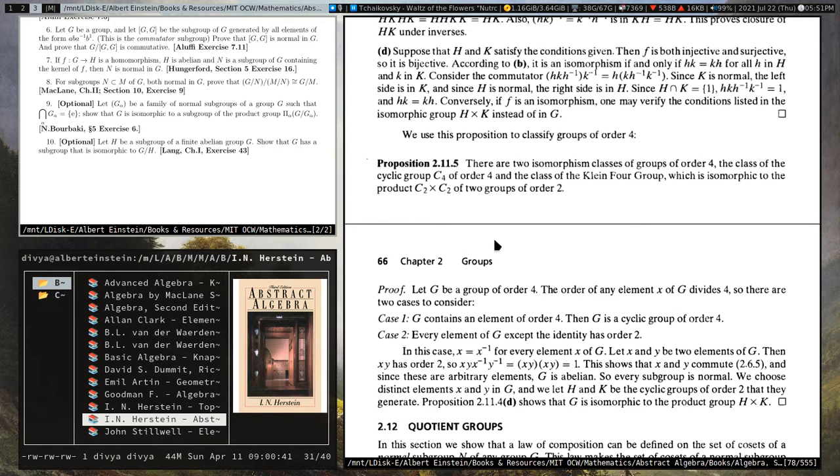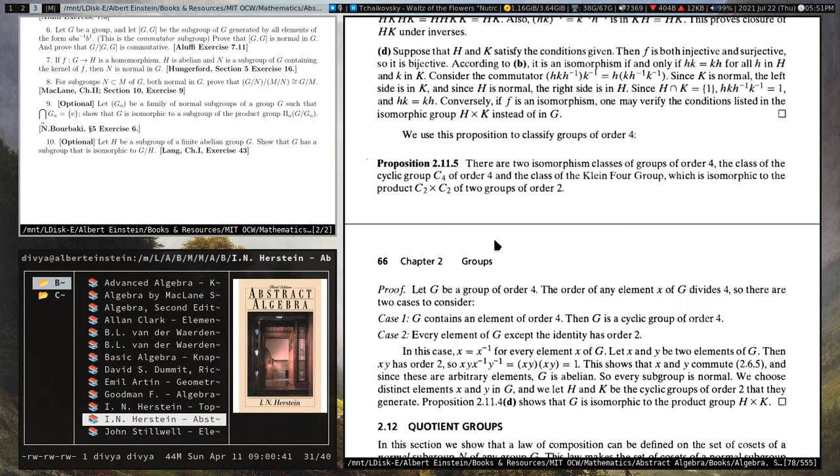So the product of xy with its inverse is going to be the identity. This shows that x and y commute, and so the whole group is abelian.